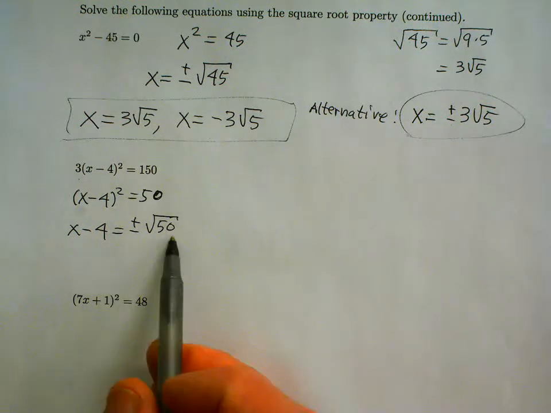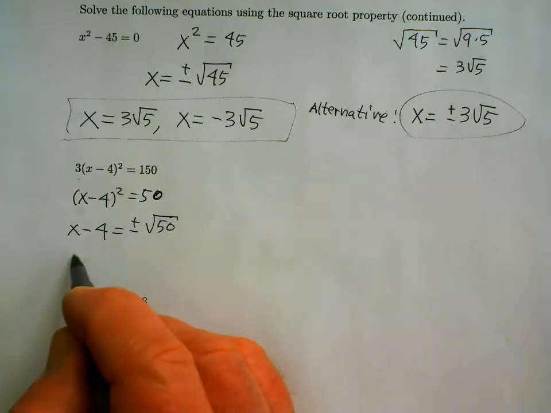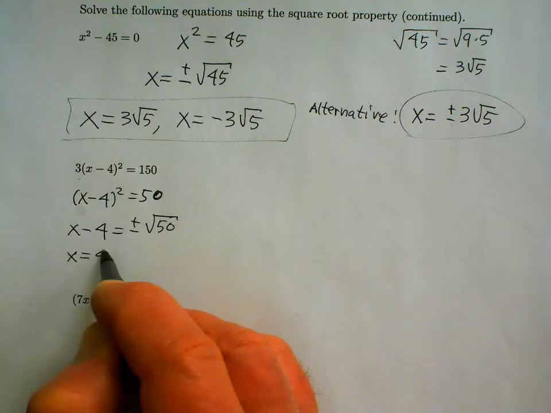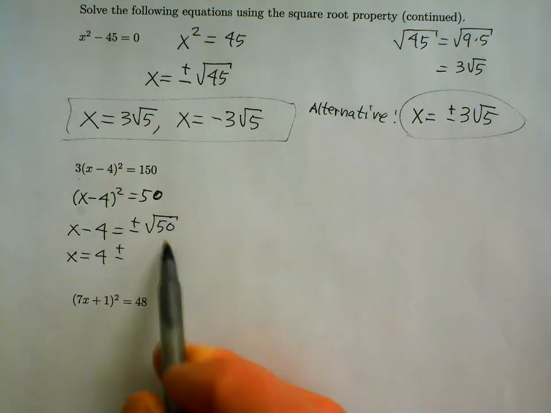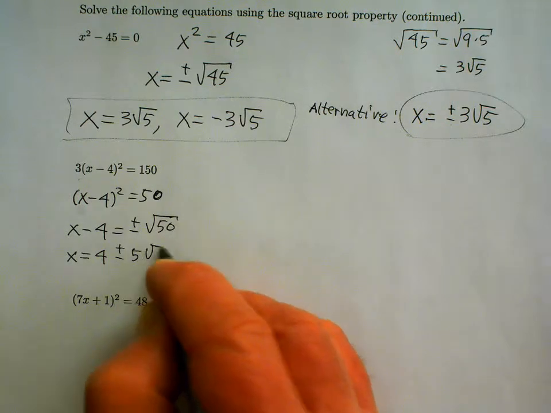And then we can simplify the square root of 50. So if we add 4 to both sides, we get 4 plus and minus. And then when we simplify the square root of 50, we get 5 times the square root of 2.